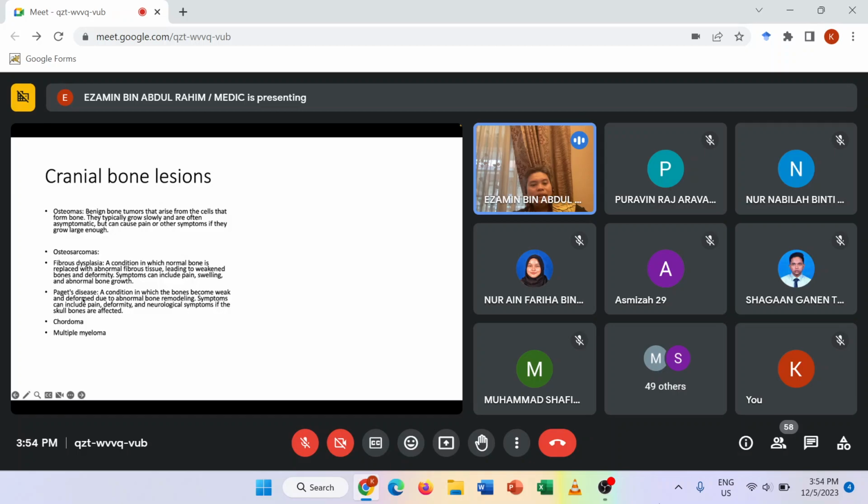Paget's disease is also similar, not the same, meaning the cause is unknown, but the problem is remodeling. Over time our bone gets remodeled, and this is an abnormality of the remodeling.